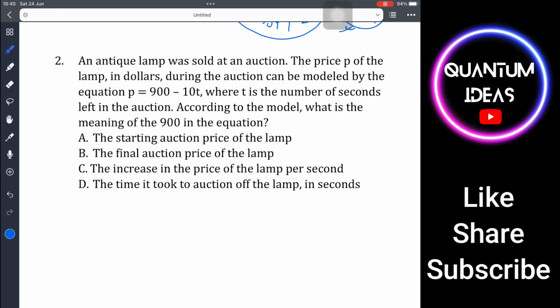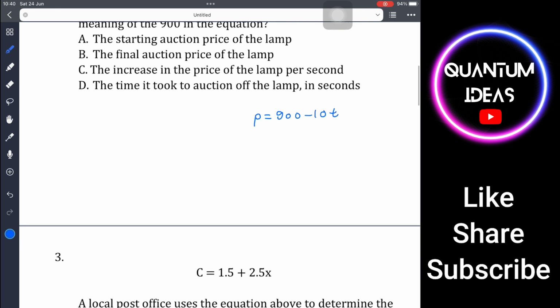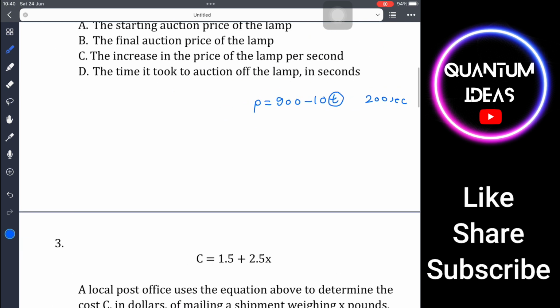To solve that, we have to know what t is. t is the number of seconds left in the auction. Let's say the auction started with 200 seconds, and it goes on decreasing, right? As time passes it goes to 180 seconds, then 150 seconds, and eventually in the end it becomes 0 seconds.